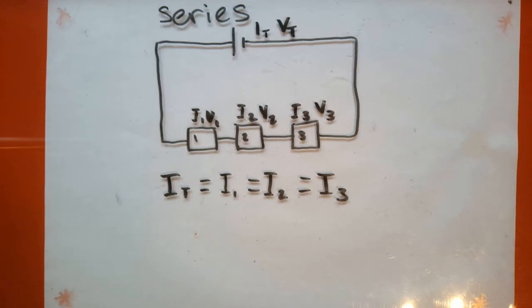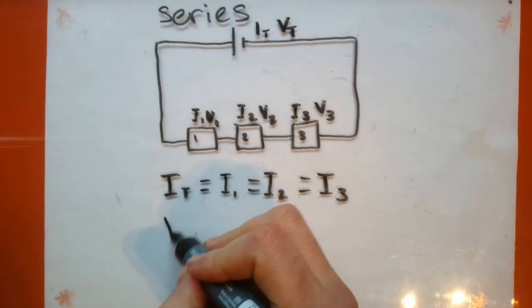So what we can say about voltage, when resistors are connected in series, is that the total voltage or potential difference across all the resistors is equal to the sum of the voltages across each resistor. In other words, the voltages around the circuit add up to the voltage of the supply.